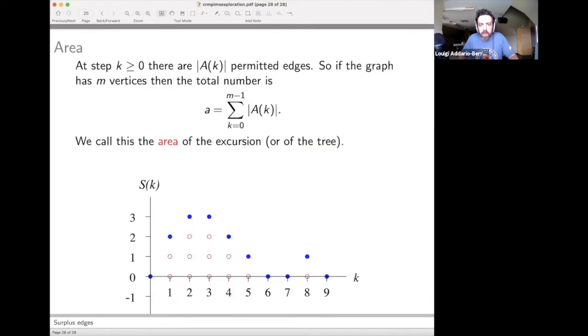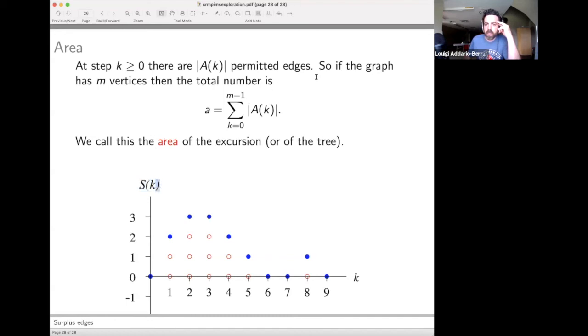Okay, so if you followed that description, then you should see that the edges you can add to this tree without changing the depth first tree precisely correspond to the lattice points under the excursion S_k, so under the depth first Q process.